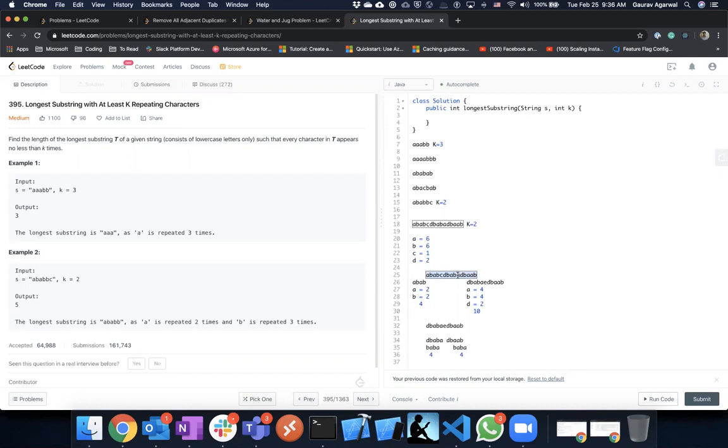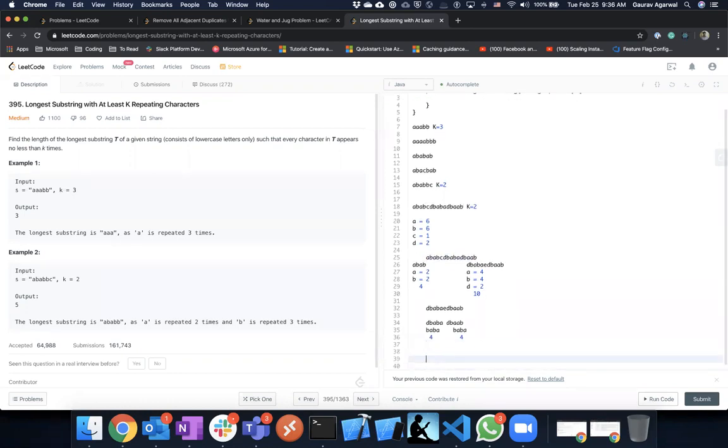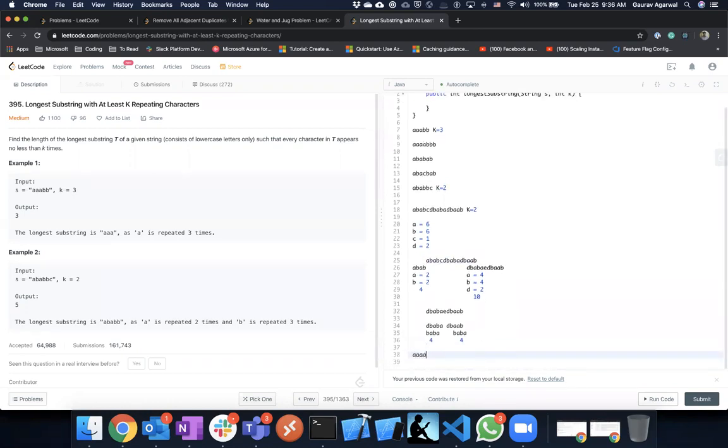Okay. What if the split is not even? Let's say we have this string: a multiple times, b multiple times, and then we have c at the end.